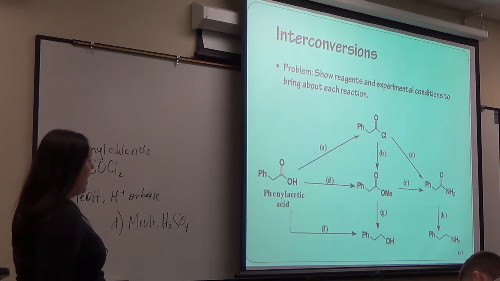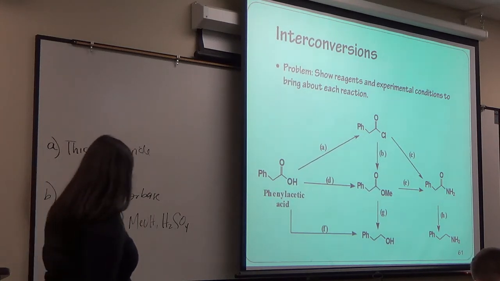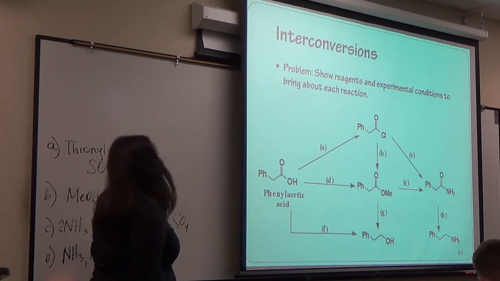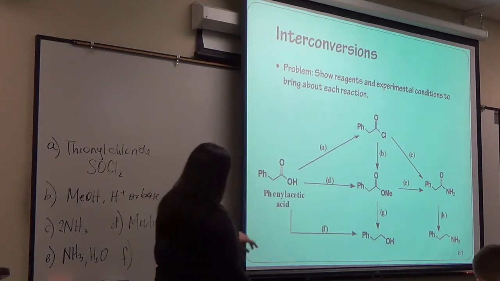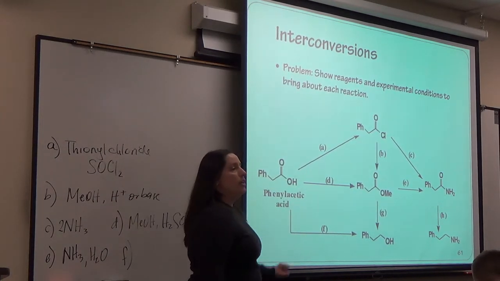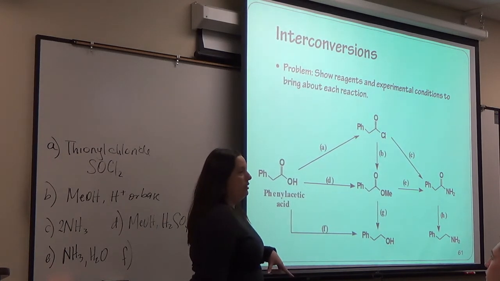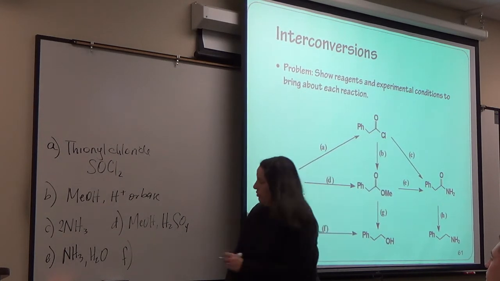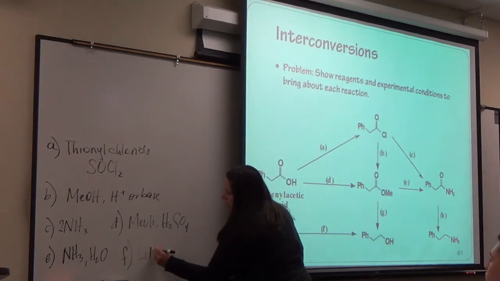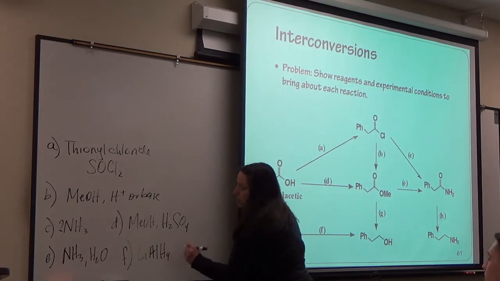All right, so we did E, now F. So we go back to the acid, and F is what kind of reaction? It's a reduction, right? So we're going to reduce our carbonyl, and remember that there's a particular reagent we want you to think of. Which one is that? Lithium aluminum tetrahydride.